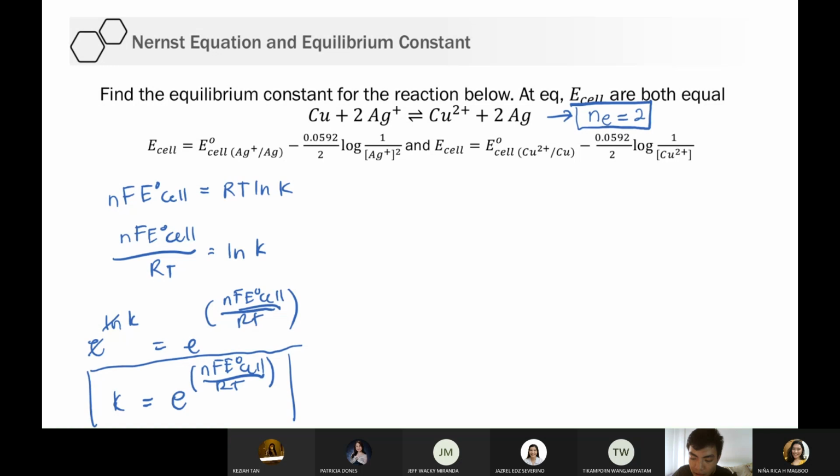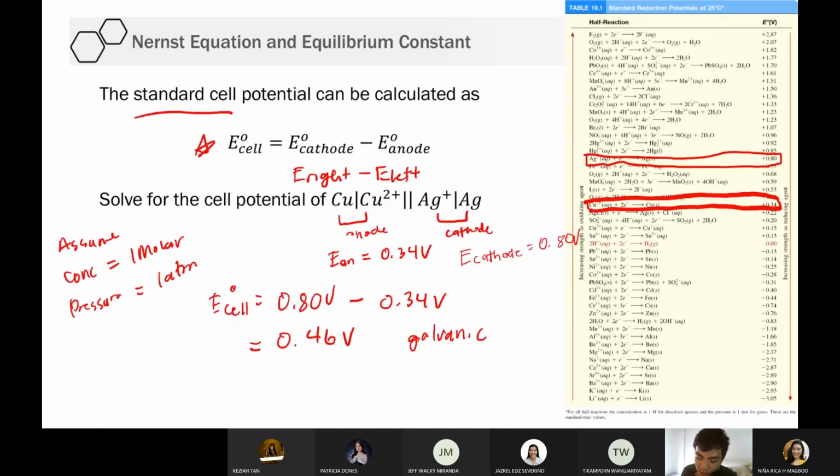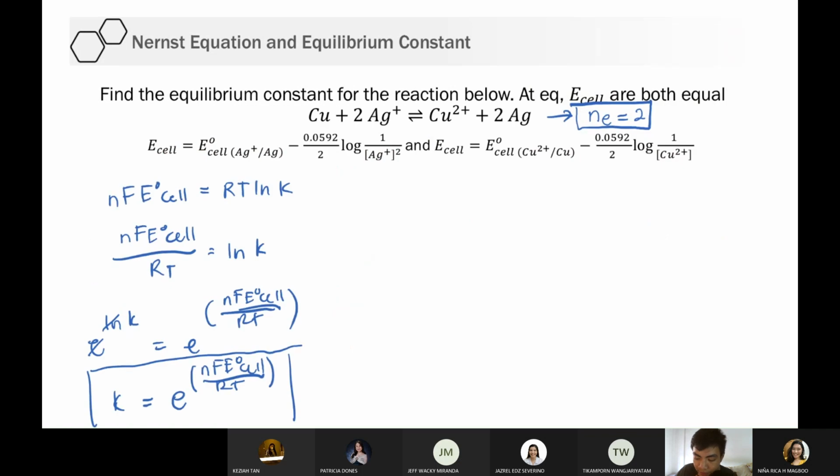The E naught cell, have we calculated for the E naught cell? I think we were able to solve for that. Copper, copper 2 plus, silver ion, silver. So this is the E naught cell, it's still 0.46. We solved for that earlier.